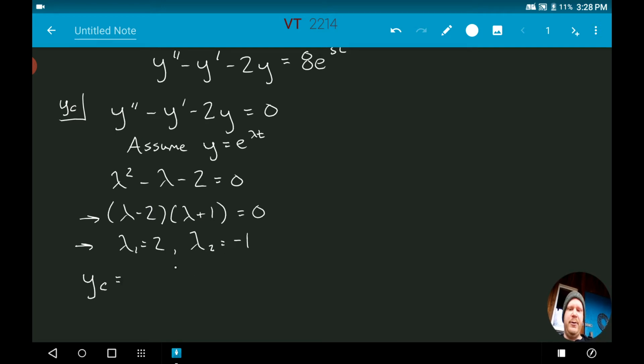So my complementary solution, yc, is going to be equal to c1 times e to the 2t plus c2 times e to the negative t. And that's it for yc.